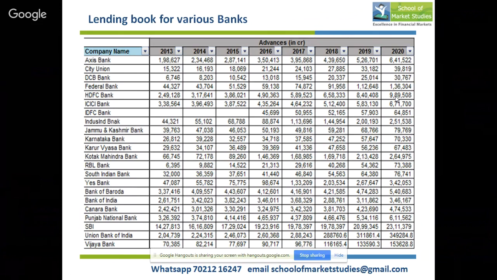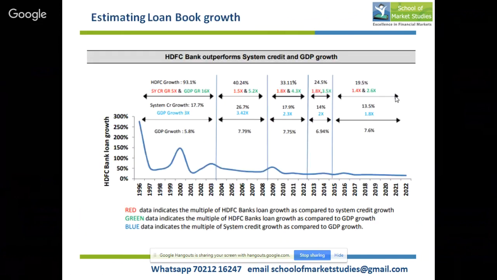And for that, we have evaluated a system for the background check. So, what we have done is we have seen historically how HDFC Bank has grown. So, we have divided this period into 5 zones. One is prior to 2003, before the bull market. Then we had a huge run from 2003 to 2008.